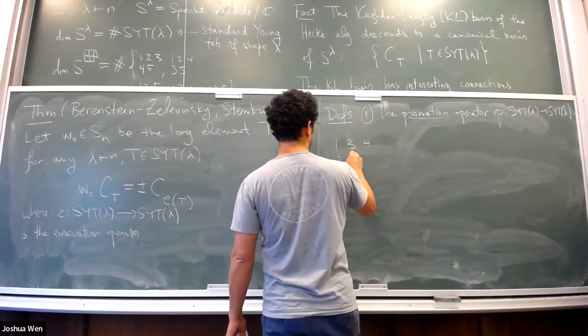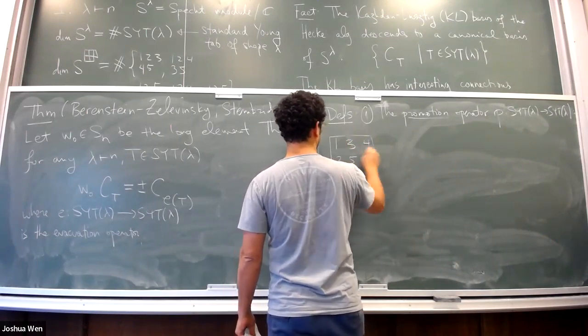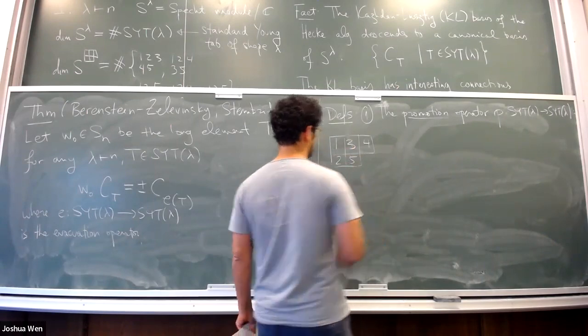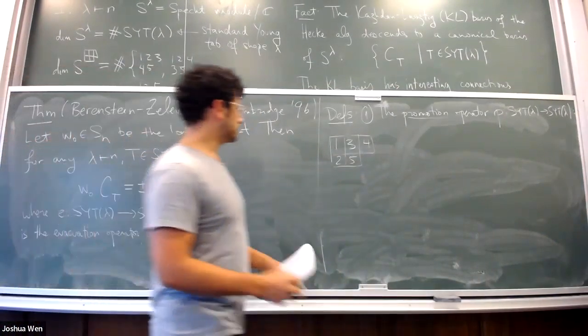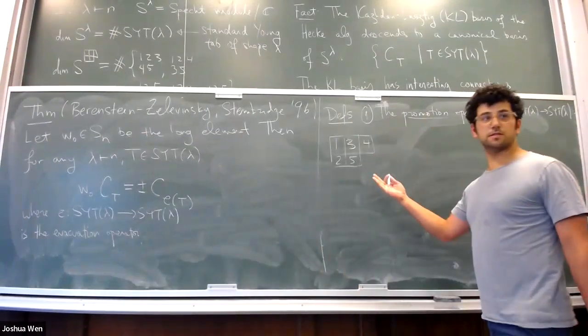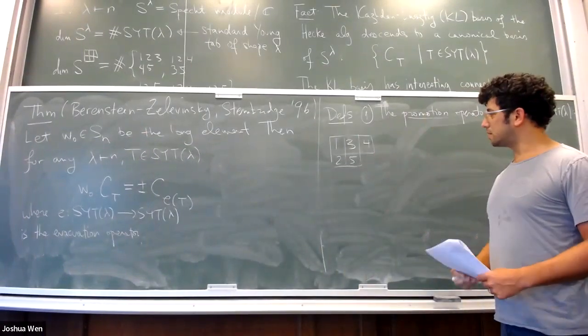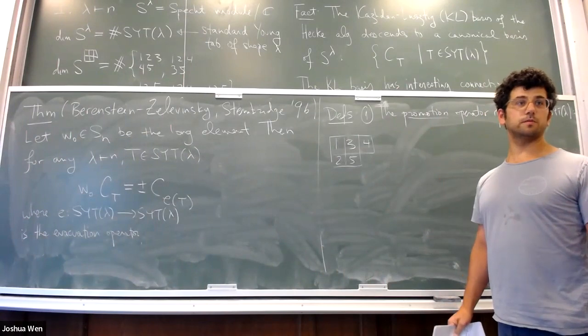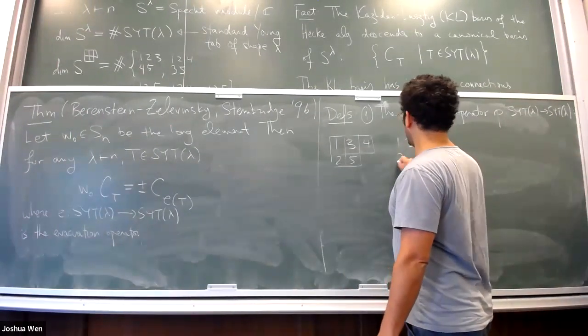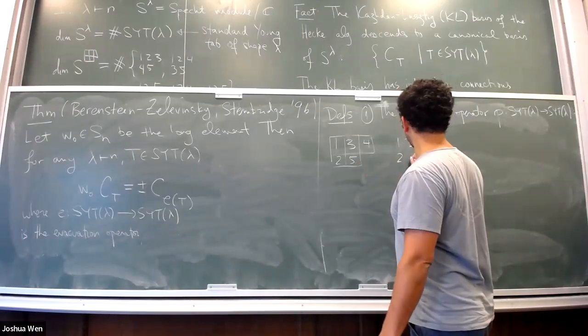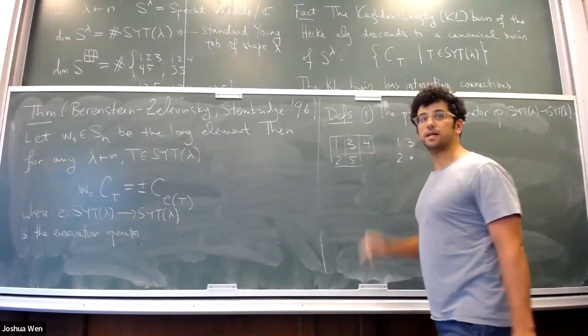So suppose I start with this standard Young tableau. That's the shape 3, 2, and I have 1, 3, 4 in the first row, 2, 5 in the second row, and I want to apply P to this thing. You do what's called jeu de taquin moves on the tableau. You play this game. So how does this work? You take your tableau and replace the biggest entry by a dot.